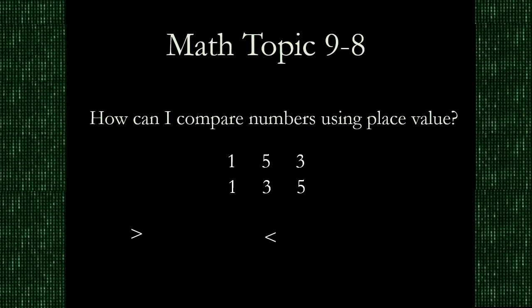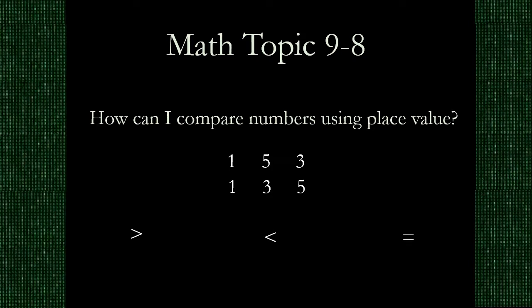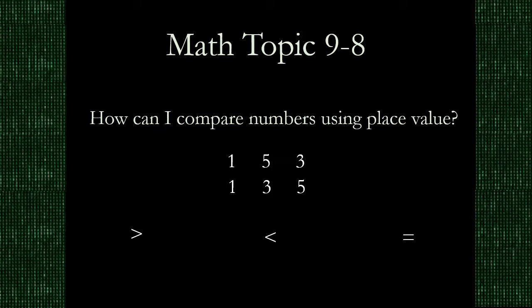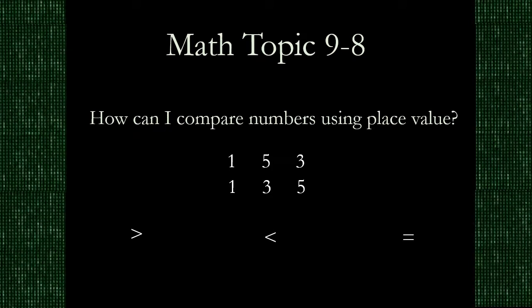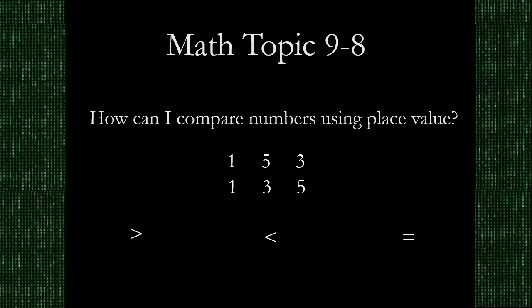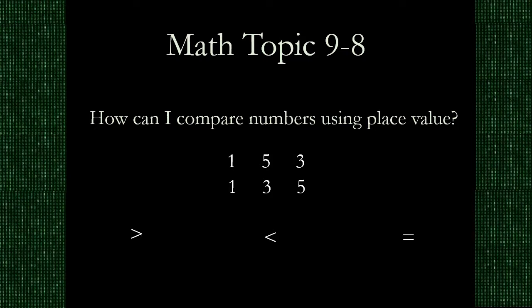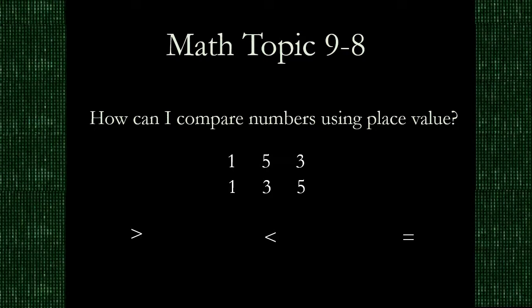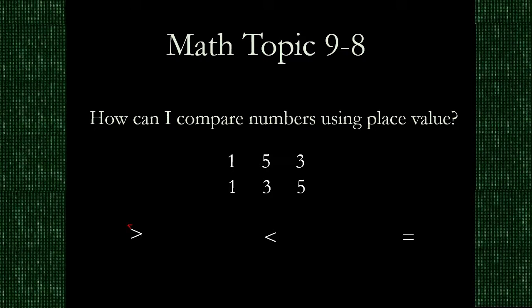And we're going to use these symbols. This is the greater than symbol. That's the less than symbol. And the way most of us learned it when we were kids was that the greater than symbol was almost like an alligator.